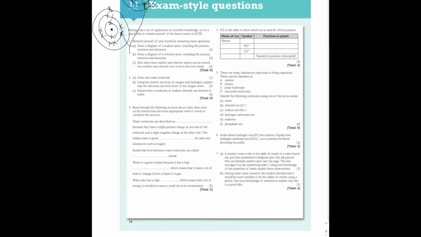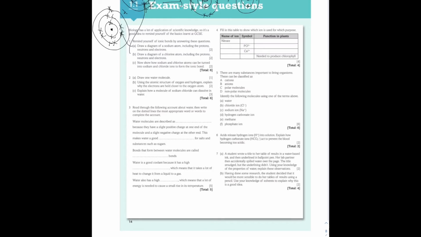Now show how sodium and chlorine atoms can be turned into sodium chloride ions to form the ionic bond. Okay, so it's a transfer of electrons. If we add these together, the sodium will now transfer its electron because it is a metal, so it loses the electron in the outer shell, so we completely miss out the outer shell and have a new outer shell of 8 electrons.